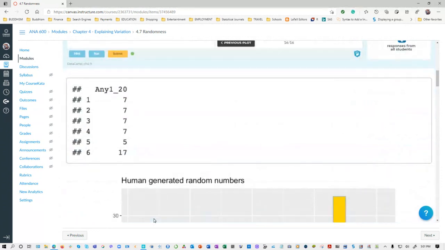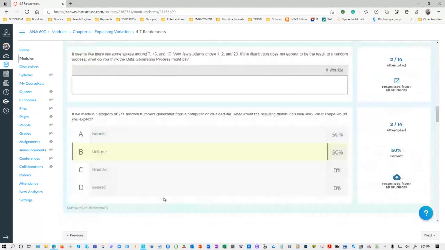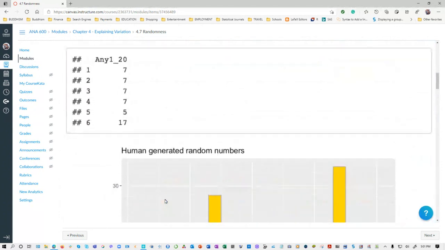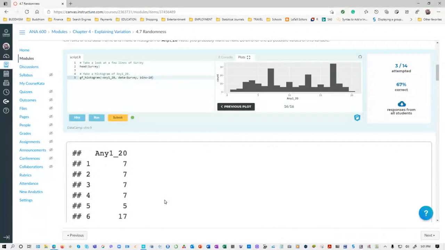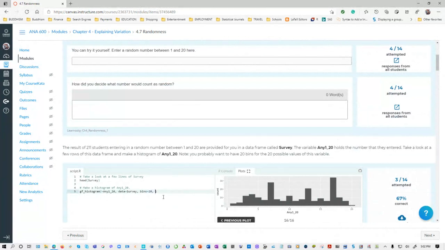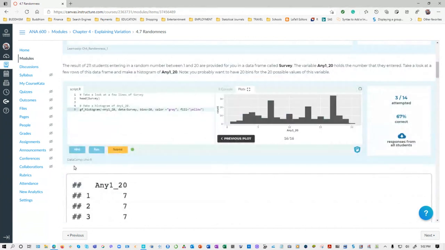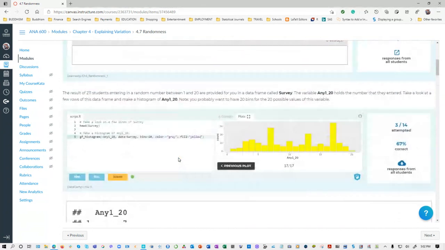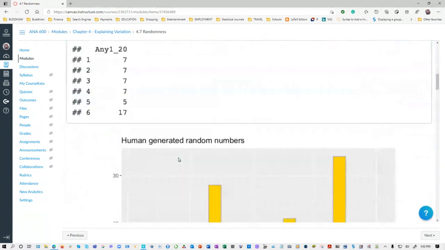If you need color, give the color the way they have it, gray, then fill, and here they have yellow. Gray and yellow, something like that.